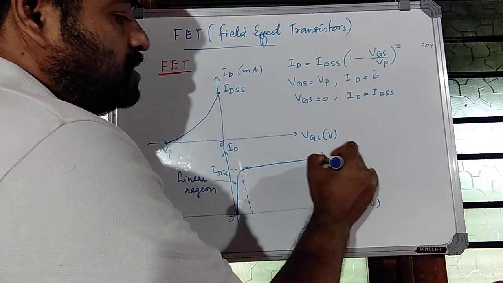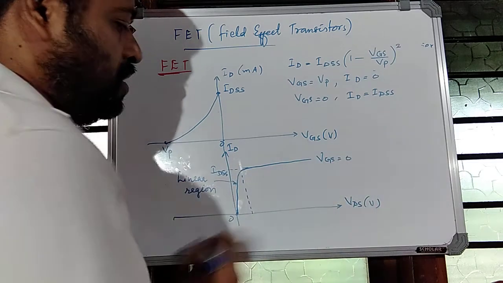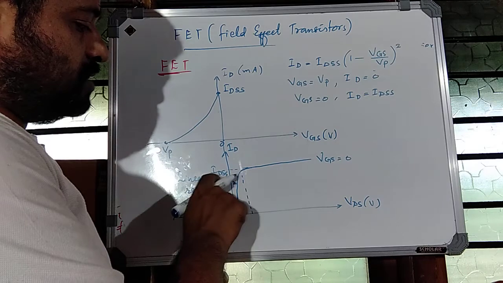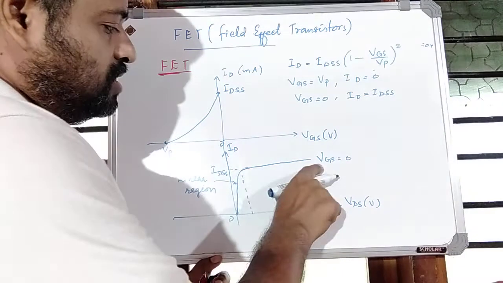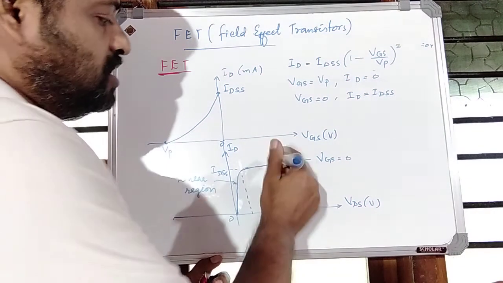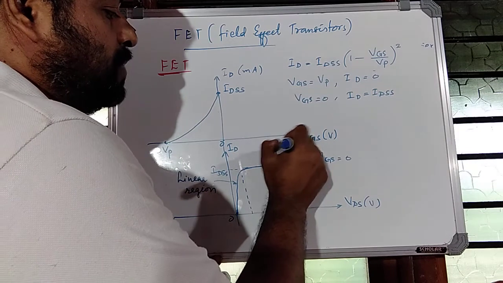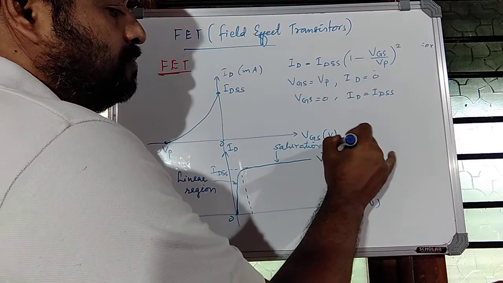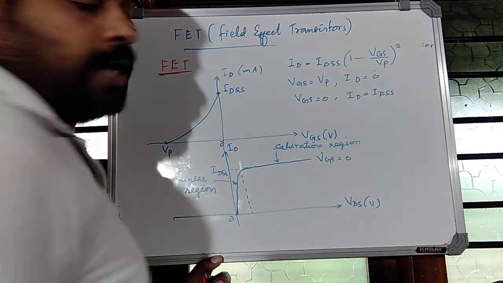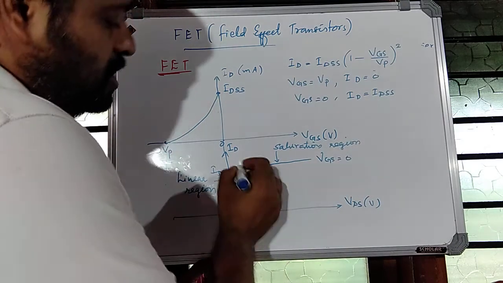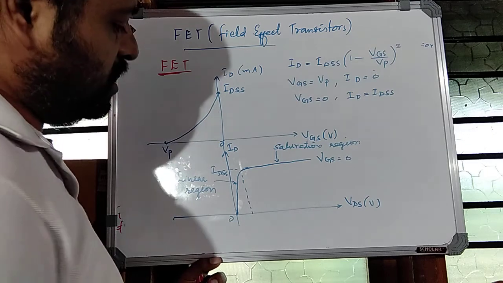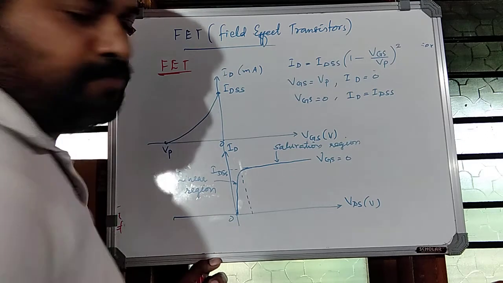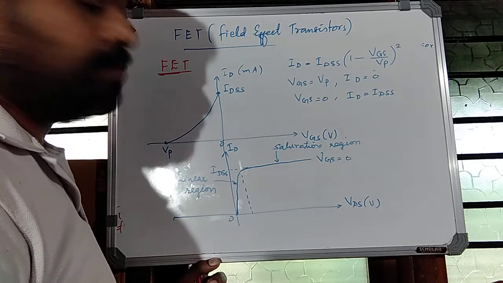This is when VGS equals 0. That value will not change any further, and that region is called the saturation region. This condition is also called pinch off condition. Pinch off, drain side pinch off, current ID becomes a constant value.